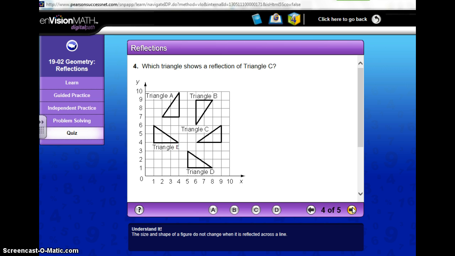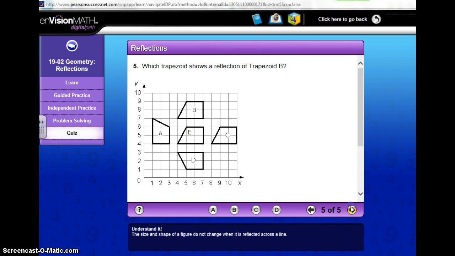Look at triangle C. Which one is a reflection of triangle C? Emma? E is correct. Take a look at trapezoid B. Which one is a reflection of trapezoid B? Cole? D. Here's our line of symmetry right about here.